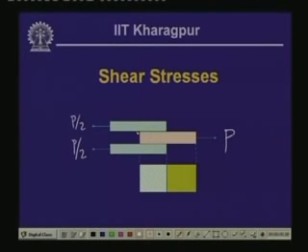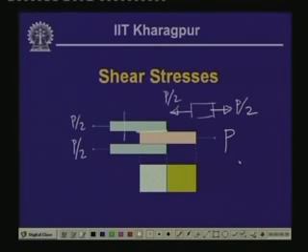At this level, if we take the free body of this part, if I cut here, then this particular body will have P by 2, and this also is going to be resistive as P by 2. So, at this particular section, this is P by 2, and this resistive is going to be P by 2.